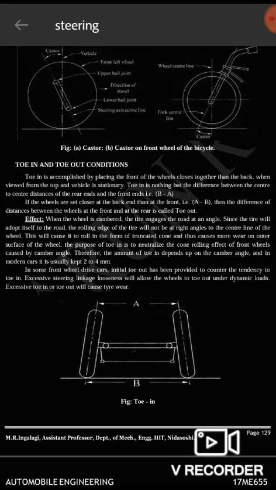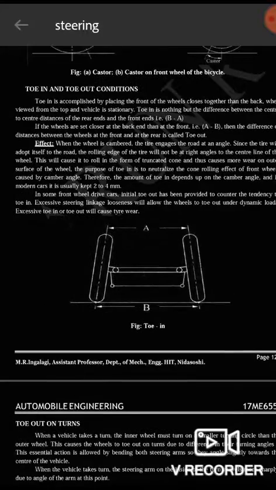The purpose of toe is to neutralize the cone rolling effect of front wheels caused by the camber angle. Therefore, the amount of toe depends upon the camber angle, and in modern cars it is usually 2 to 4 mm.